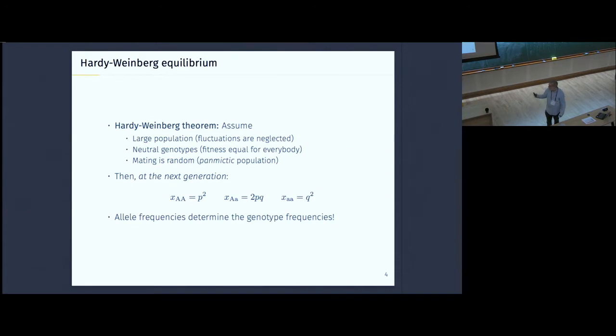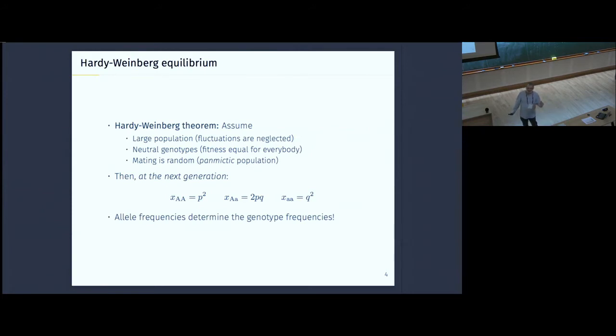I was making the point that mating is random. This population is called a panmictic population. Biologists are really very fond of these words. So imagine, it is likely, in human populations, that somebody with blue eyes will prefer to mate with somebody with blue eyes too.